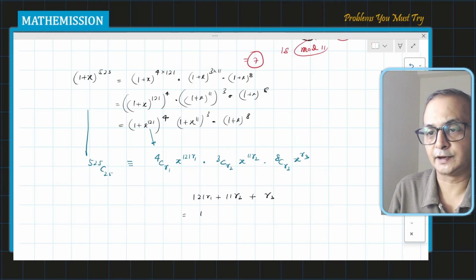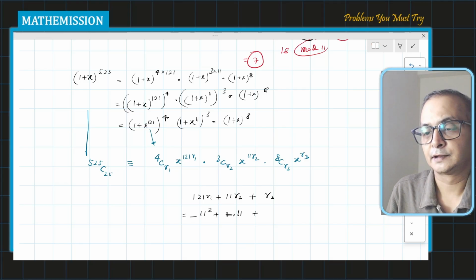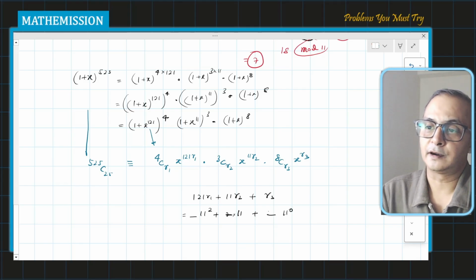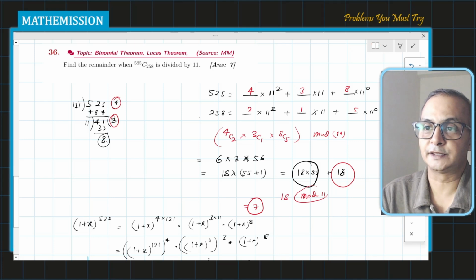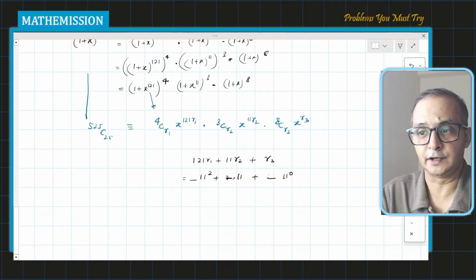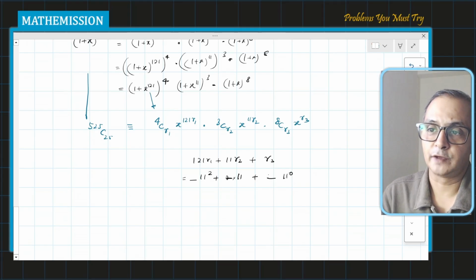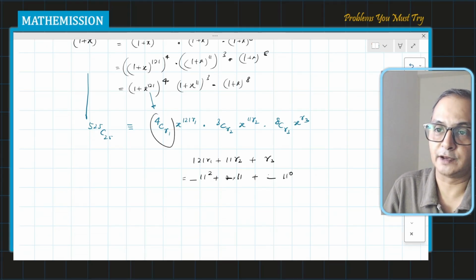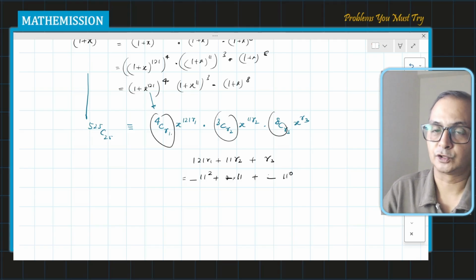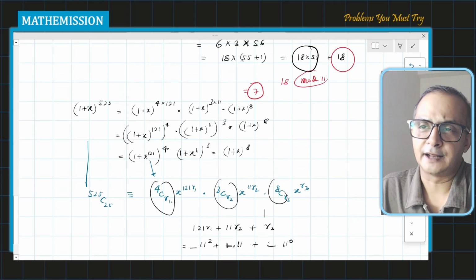It means I can write as 11 square plus 11 and again 11 to the power 0. It means we are again finding out the basis of 11, that is coming out to be 215. There is no such other combination we will have, and therefore we are going to put those values there, there and there, so this way it works. And this is the Lucas theorem.